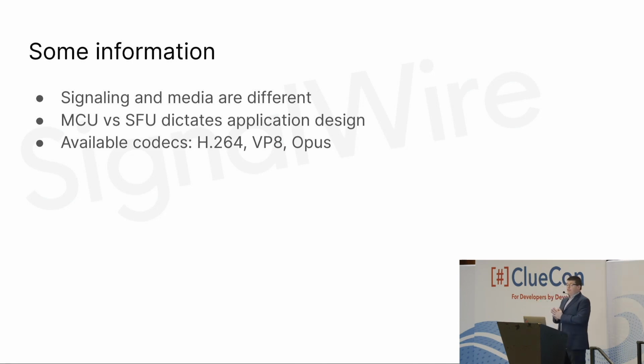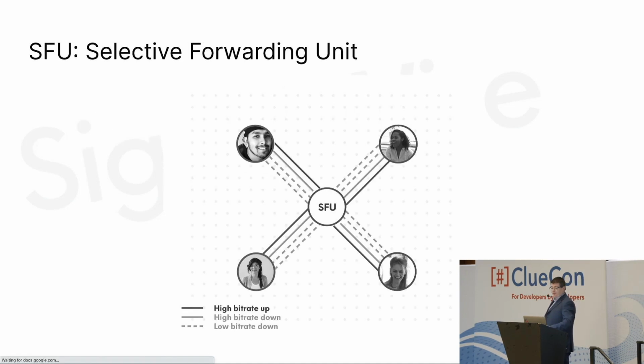MCU versus SFU very often can dictate how you design your application. So first of all, let's start from the main important distinction. It was touched on by someone this morning, probably Evan, but I'll repeat it because he stole my slides. What an SFU does is that every participant in a room built around an SFU receives one video stream from each of the other participants, meaning that if there are 4 people in a room with me, so 5 total, I will be sending out one video feed and receiving 4 others.